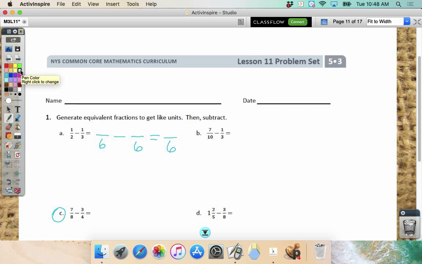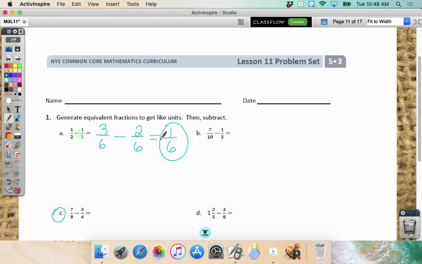I'll do the arrows on the first one for you, okay? So 1 times 3 and 2 times 1. So the answer, that's pretty simple, isn't it? Just regular subtraction, okay? The next one.